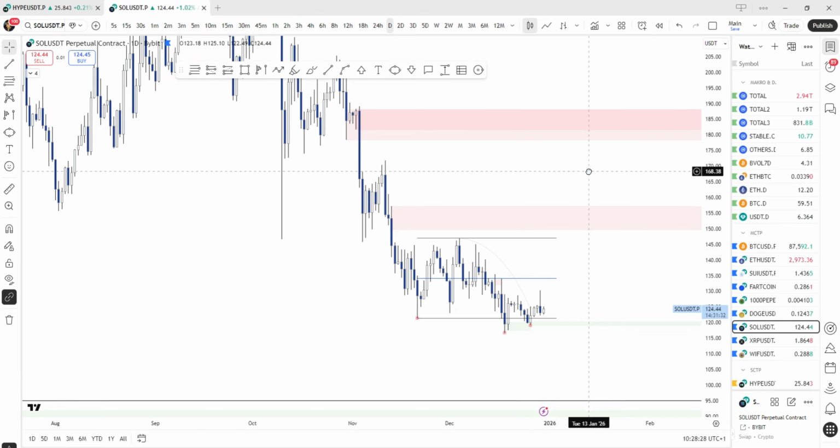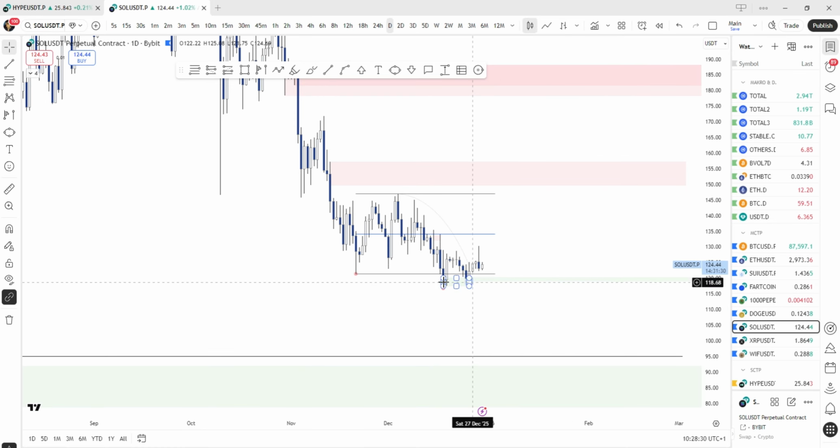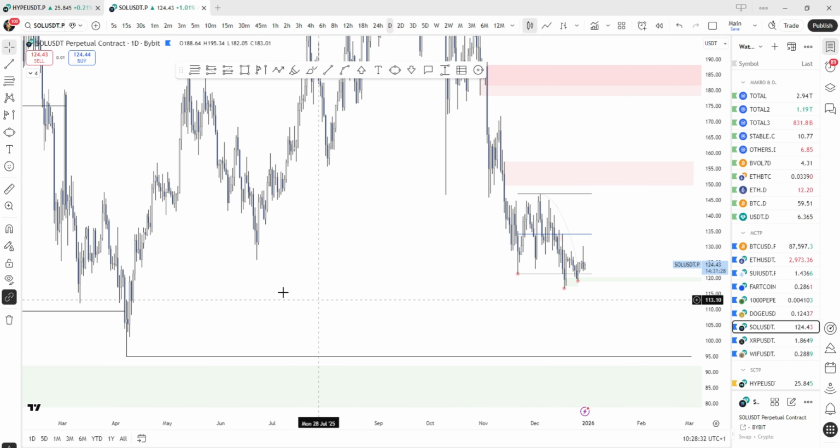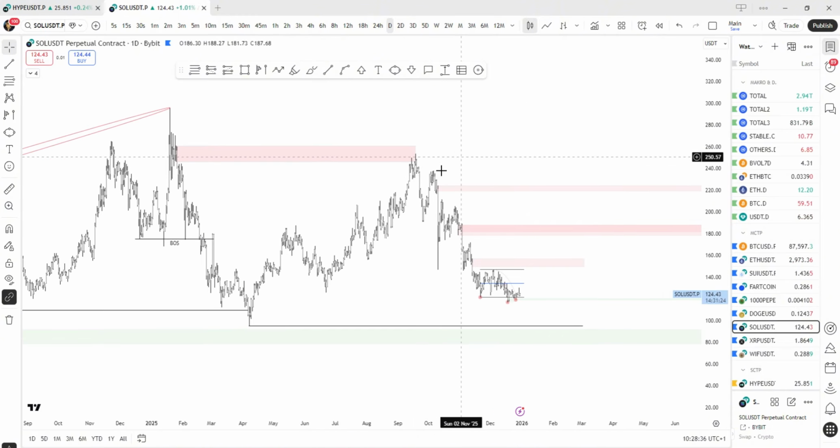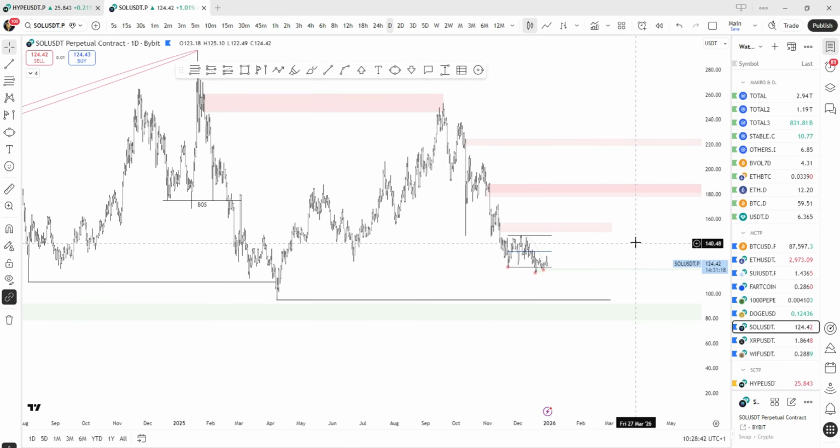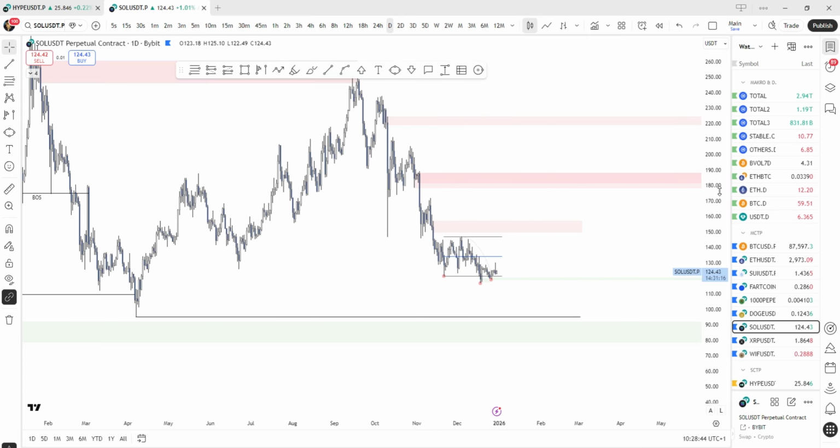We are kind of accumulating, but it's counter context, even though it is on the discount of this range, it still is pretty much counter context because Bitcoin is more bearish than bullish.